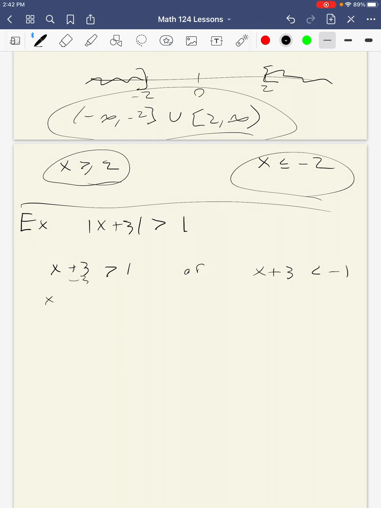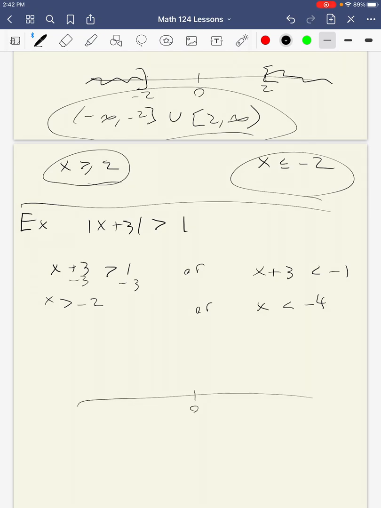So we get the following solutions. x is either greater than -2 or x is less than -4. And if we want to put this in interval notation, it may help to make a number line here.